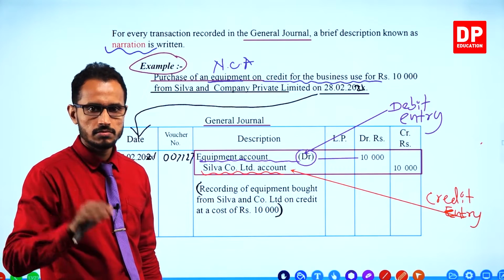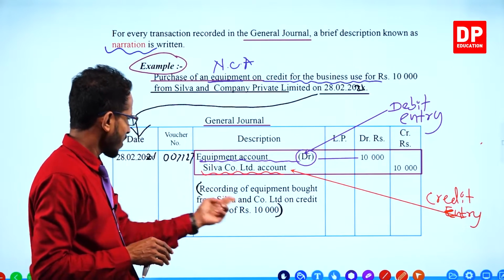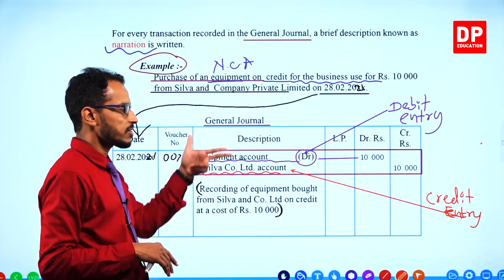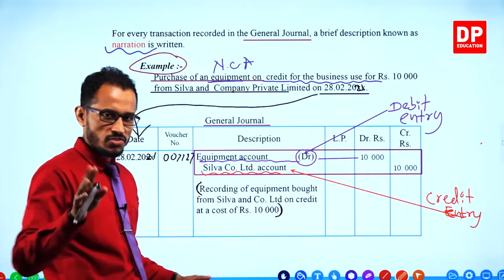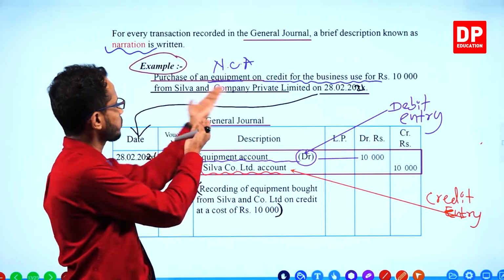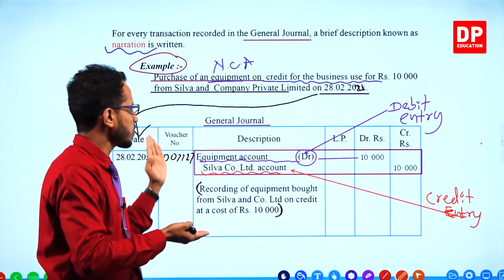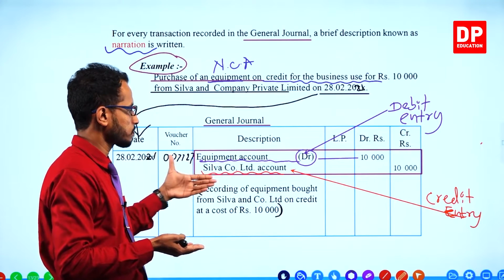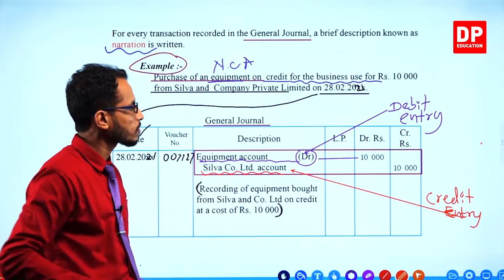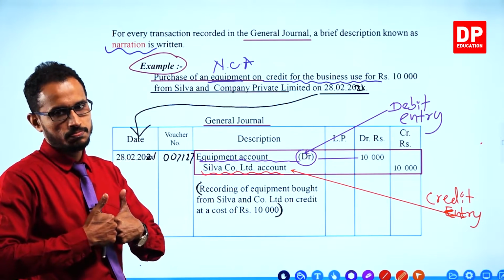Short and sweet. This is how you record a transaction in the general journal. Most of the time you record double entries of the transaction. This is the transaction and this is the double entry for it. I hope it's clear to you.